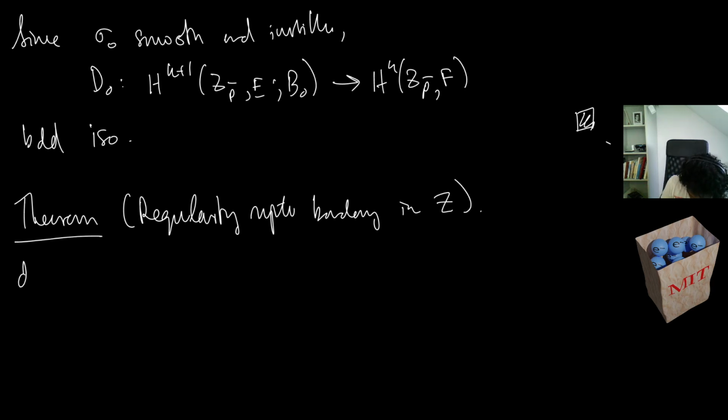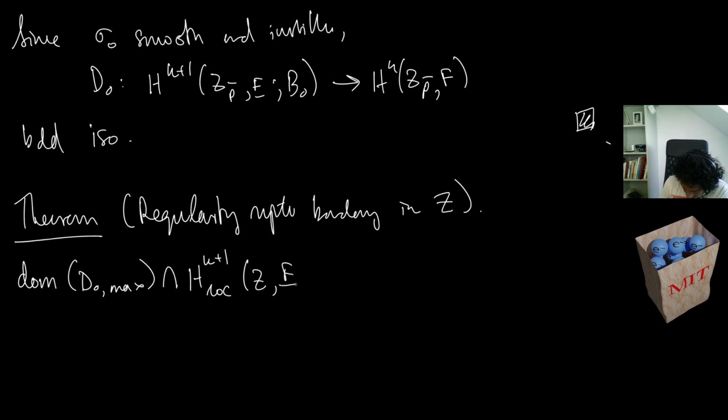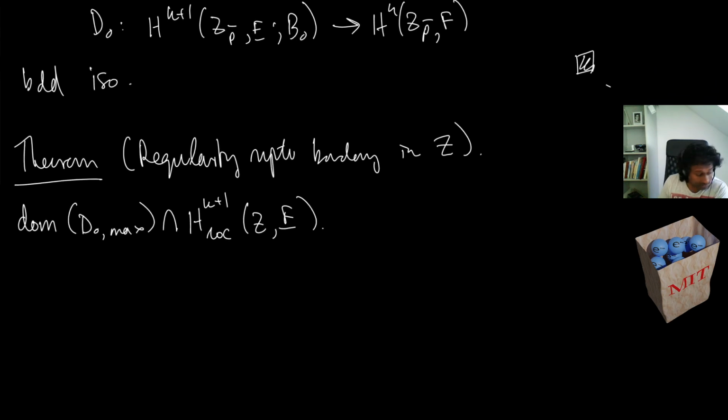So that means we want to characterize, right? So we characterize the maximal domain. So D_0,max, this is the maximal domain in the cylinder, intersect H^{k+1}_loc(Z; E). So what is the characterization of this?